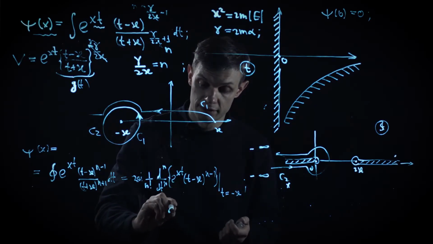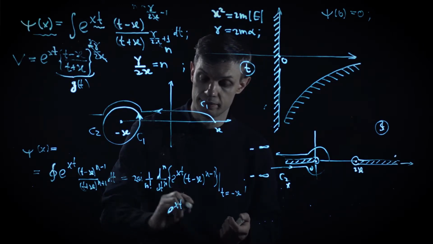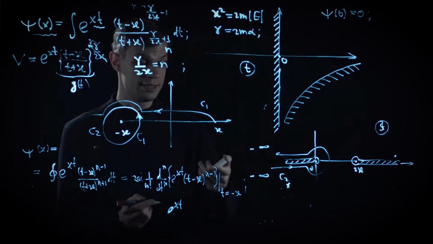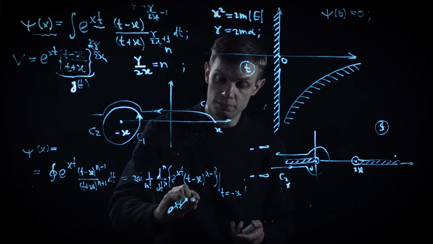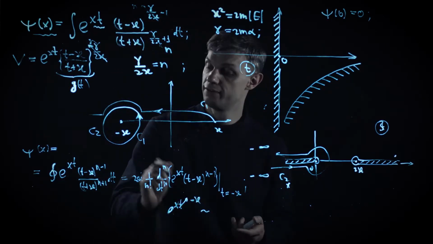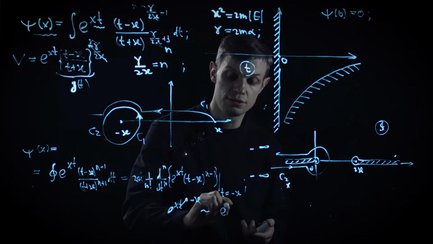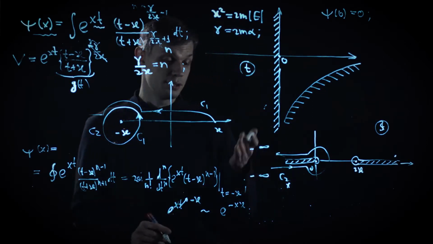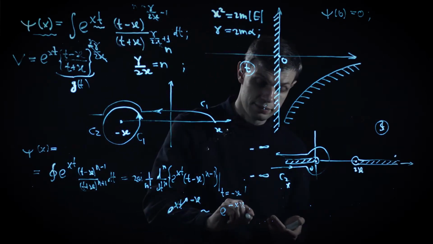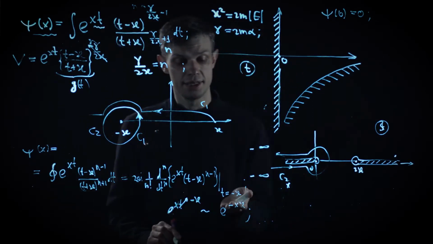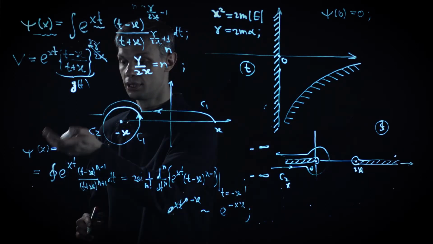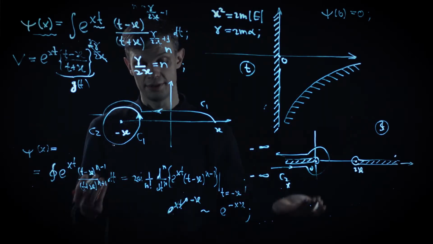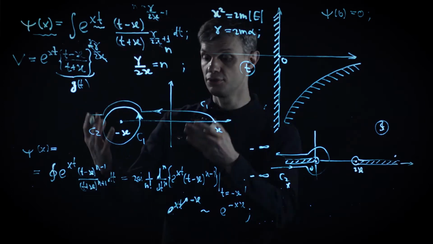So the whole function will be proportional to e to the xt, that's unavoidable, and t should be put equal to minus kappa. So the whole function will behave as x to some power times e to the minus x kappa. And we recover the desired exponential decay of our wave function at x tending to plus infinity, which is great. So this is the correct solution.